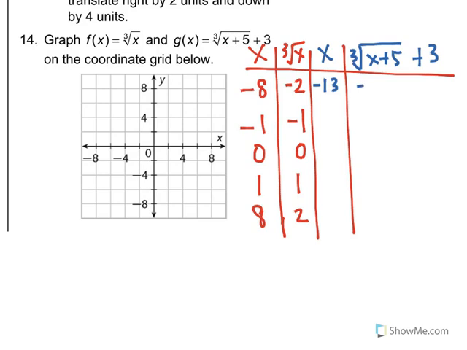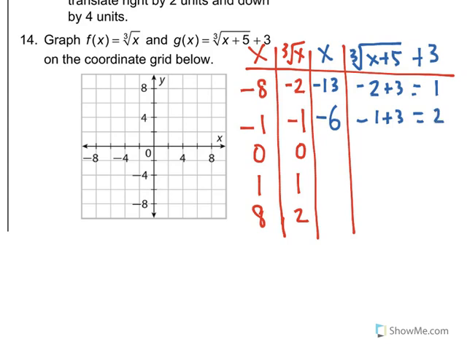And then cube root of that is -2, plus 3 will give us a value of 1. Next, we're going to want -1 inside the cube root, so the x value will be -6, and that will be -1. Cube root of -1 is -1, plus 3 is 2.